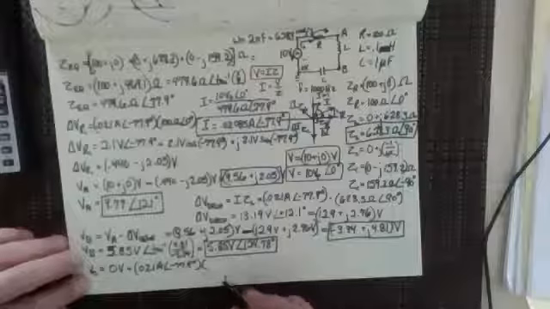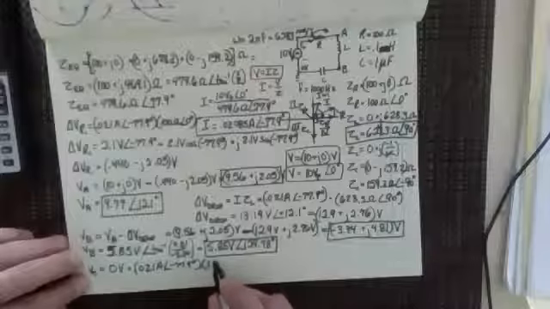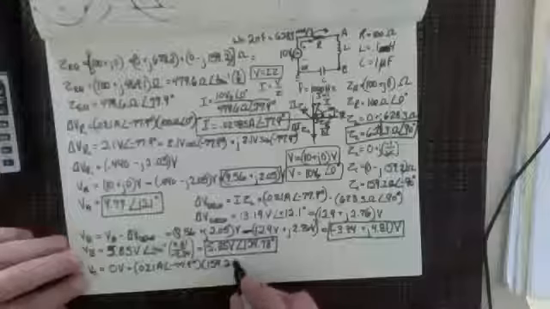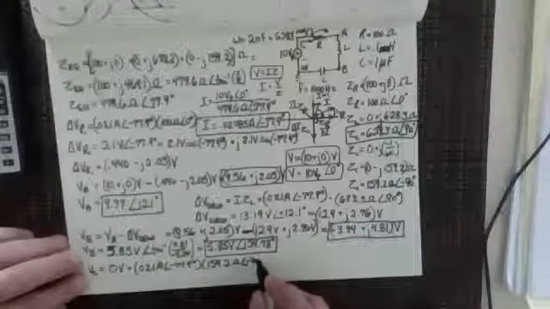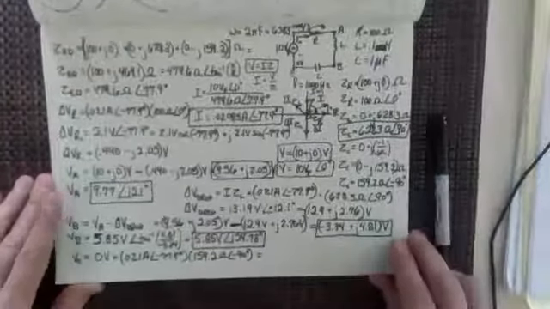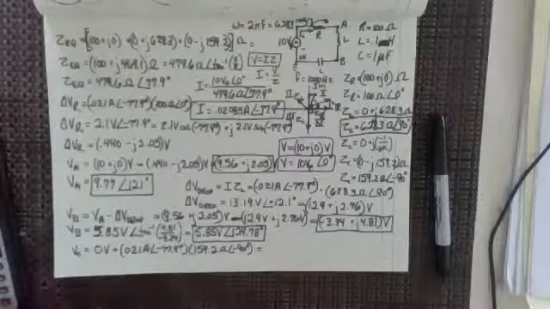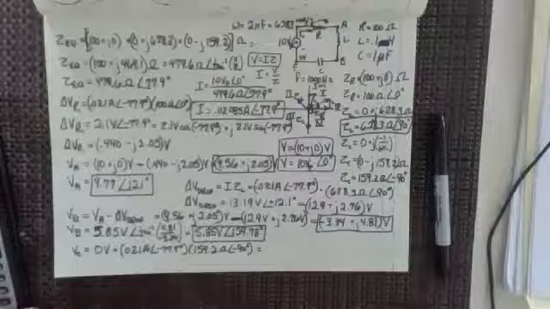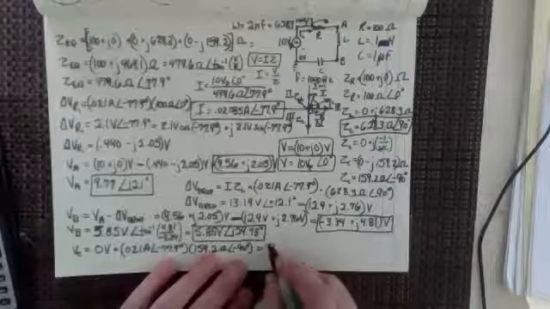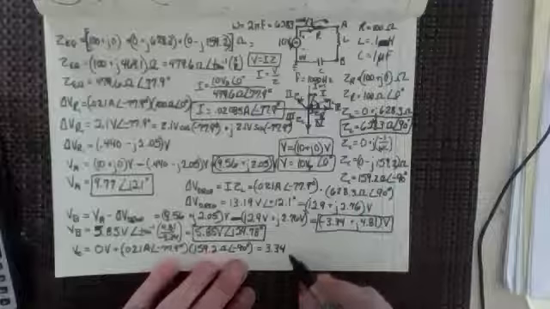And then we want to add in the impedance of the capacitor, which is 159.2 ohms at minus 90 degrees. So when we multiply those two things together, 0.021 times 159.2, we end up getting 3.34, right? 3.34.